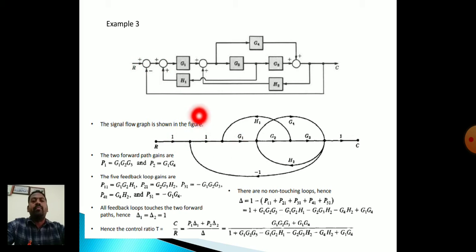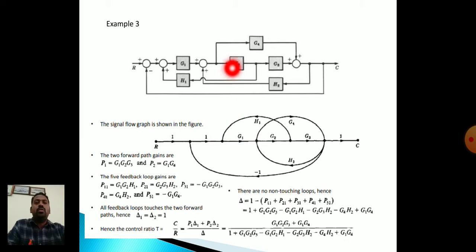Okay. So from input to here nothing is there, 1. From here nothing is there, 1. From here to here, that is G1, taken here.